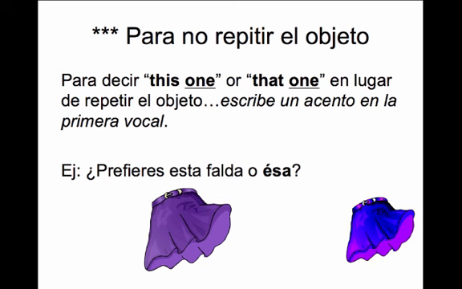So this becomes then a demonstrative noun. So it replaces the actual noun. So, ¿prefieres esta falda o esa? And just by putting an accent on the E, on the first vowel, then it makes it say that one. So you don't have to repeat your object.